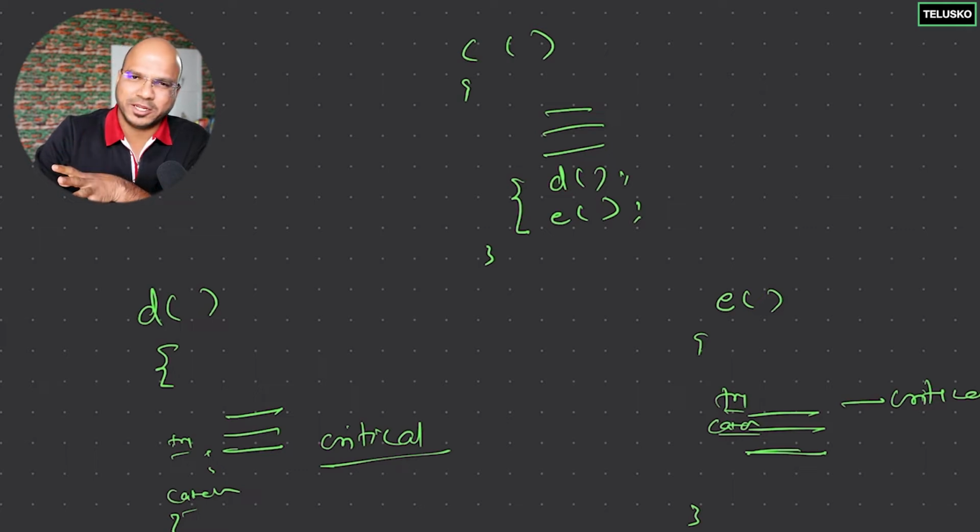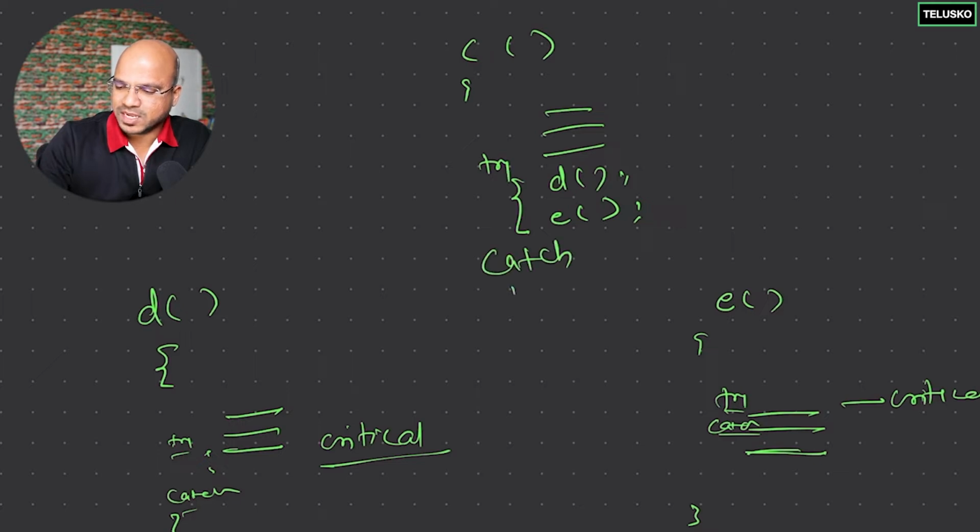Both have a critical statement and will raise the same exception. So instead of handling those exceptions inside try catch in each method, can we just handle the try catch in C itself? So you can put try here and catch.